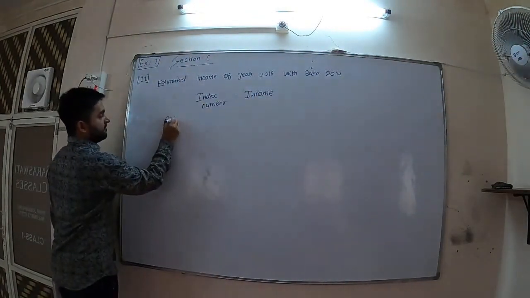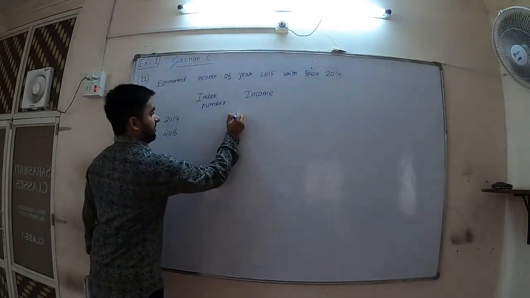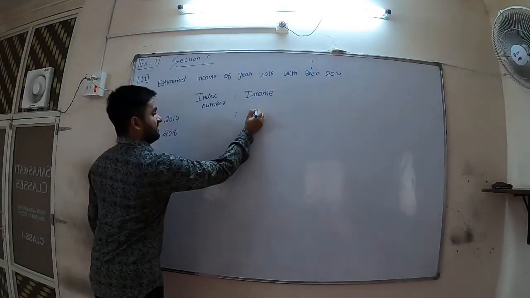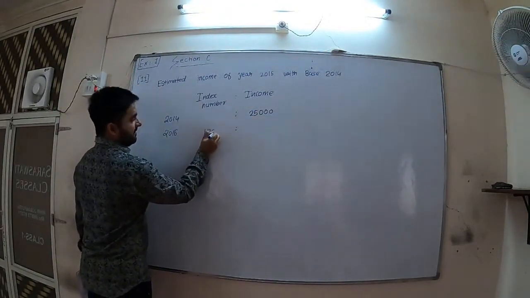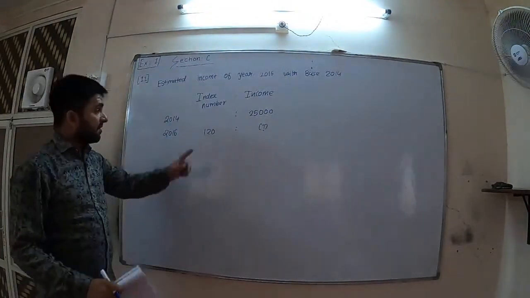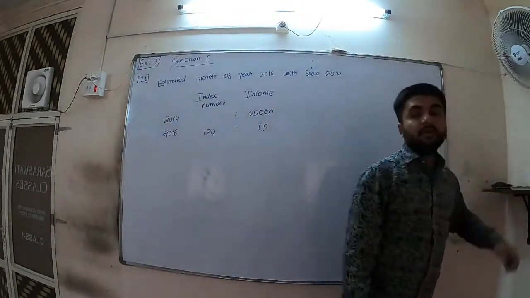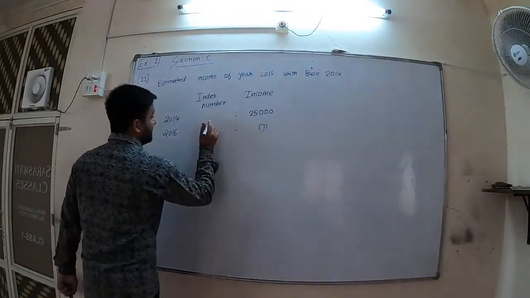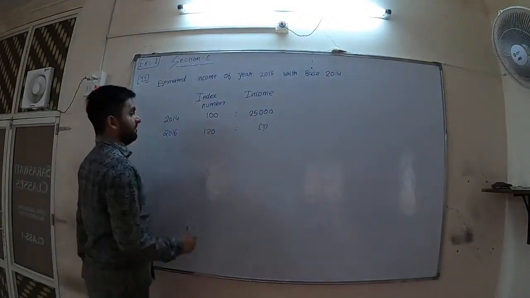Now there are 2 years, 2014 and 2016. Income is given as 25,000. For 2016 the index is 120. We need to estimate this income. Now what about this? No index number is given here, and whenever you don't have any index and it is the base year, the index will always be 100.